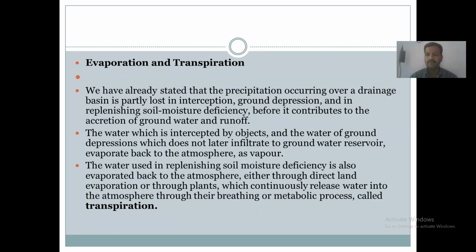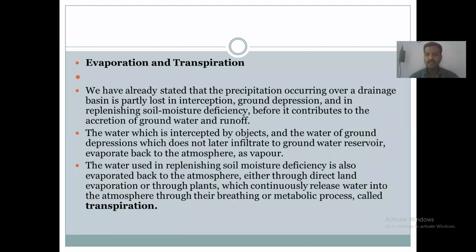That process is known as transpiration. When water escapes from plants, vegetation or trees, that process is known as transpiration. And the water that escapes from the surface of the water, that process is known as evaporation.